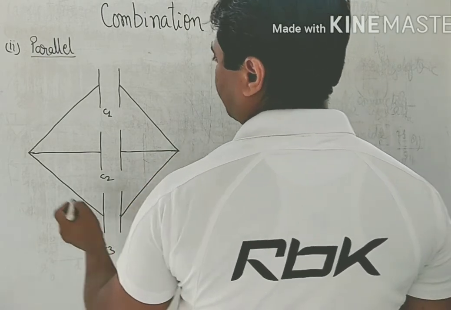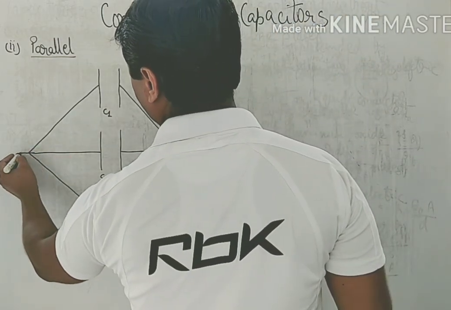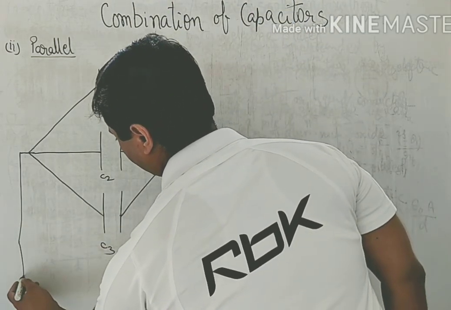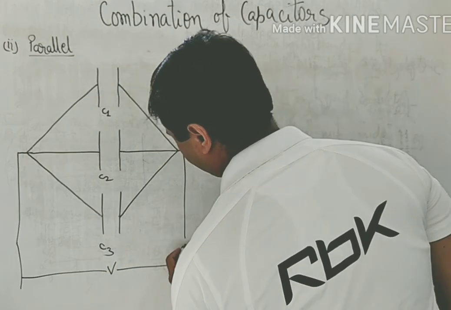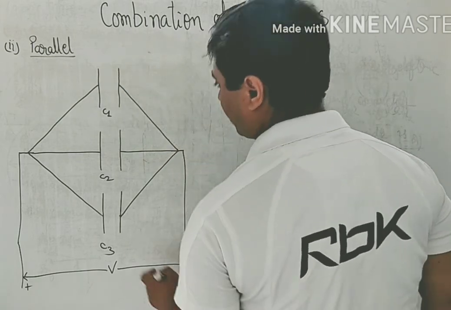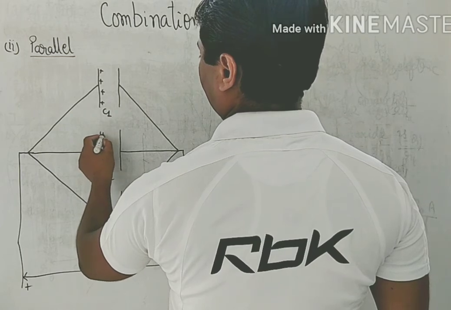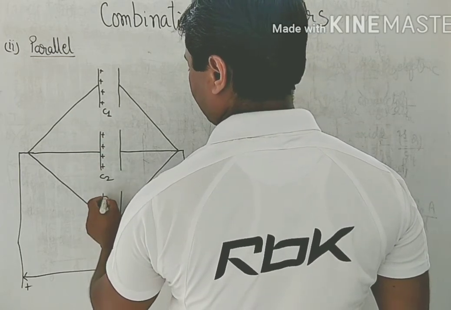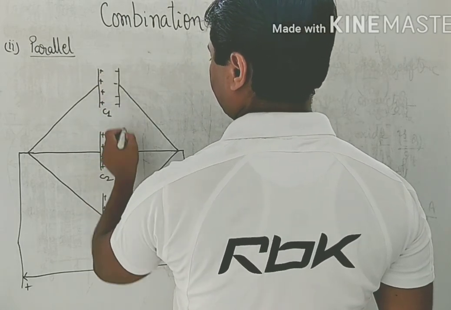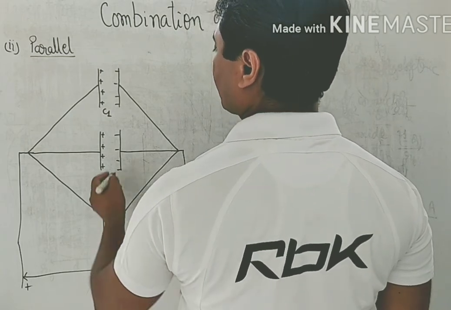So such a combination is called parallel combination. And now say these are given the potential of V volts. So here positive and here negative. So all such left plates of these capacitors will have positive charges, and the right plates will have negative charges. So this way the capacitors will get charged.